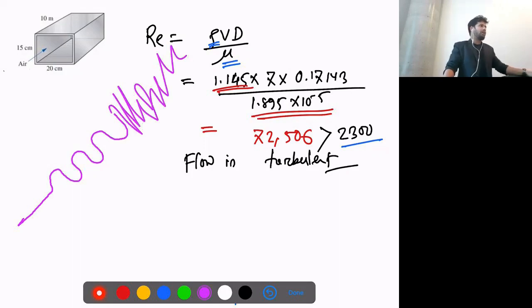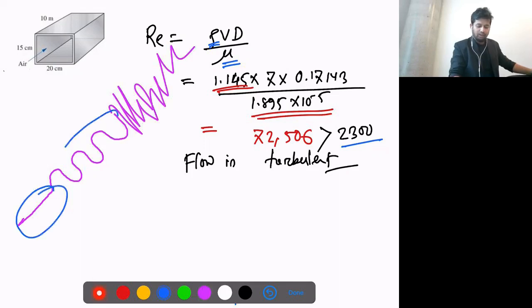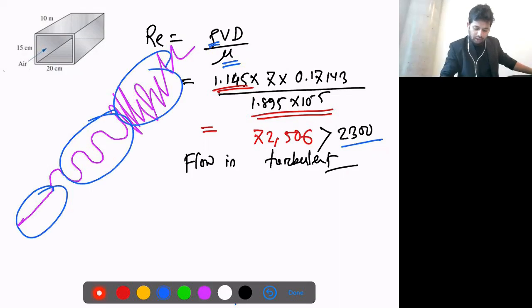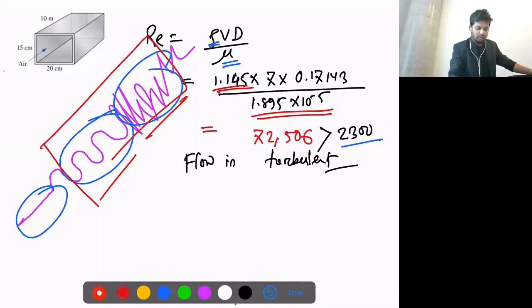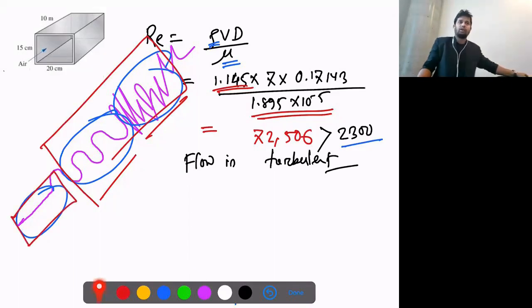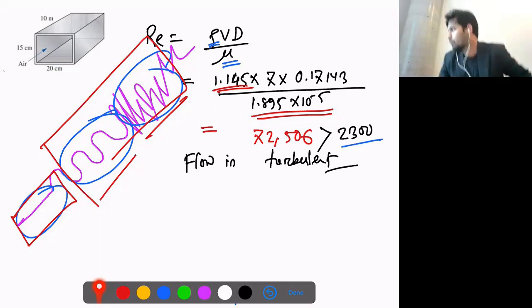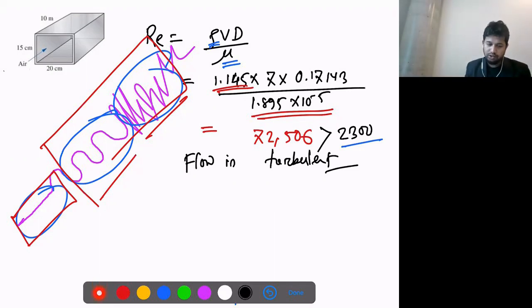So this part is laminar, this is transient flow, and this is turbulent. The combination of these two is actually the new phase. This part is only laminar. There is no separate name for transients, but we usually say it is turbulent. So we got that the flow is turbulent.